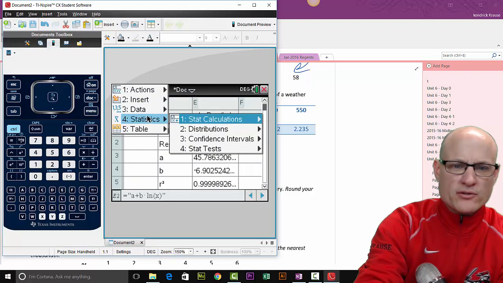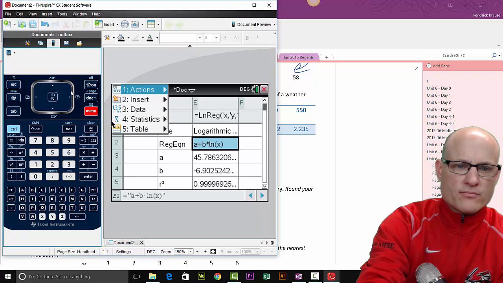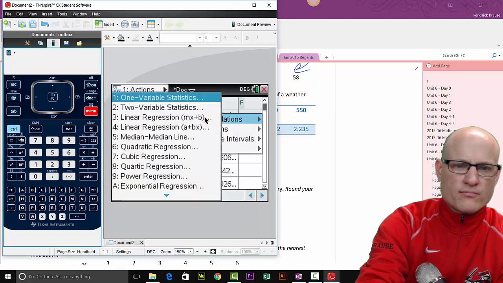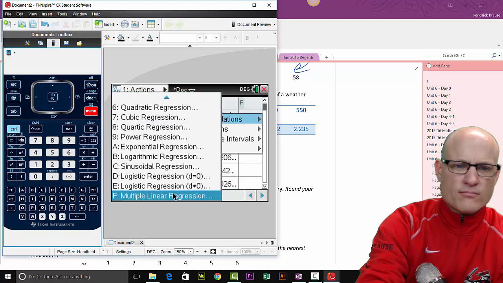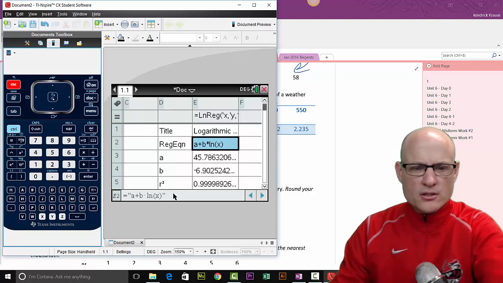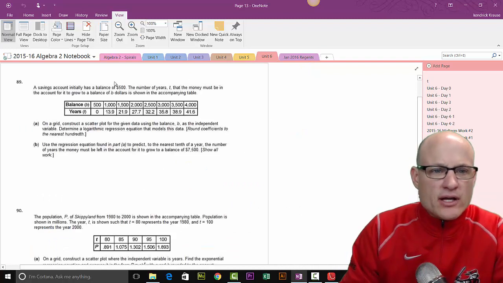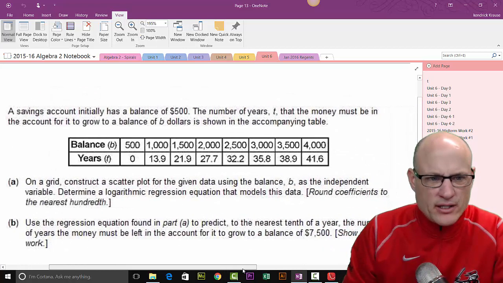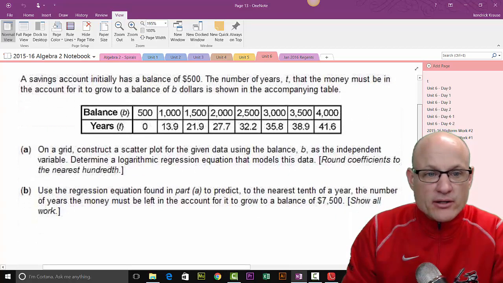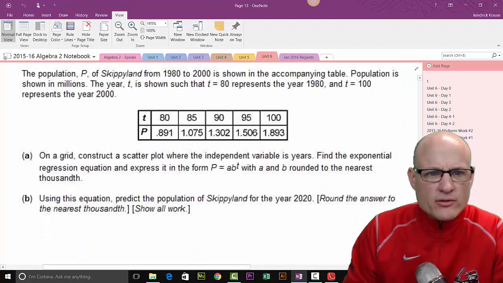Clicked on the wrong one. It's been a while since I did these. Doggone it. Actually, this is not one I want you to do. They never asked logarithmic on a test. Let's just go back. Do these last two problems, we'll be done. I don't know why I even bothered to put that one on there. I meant to get rid of that one, I guess. No, this is logarithmic too. I don't want to do that one. I'll leave those as bonus.